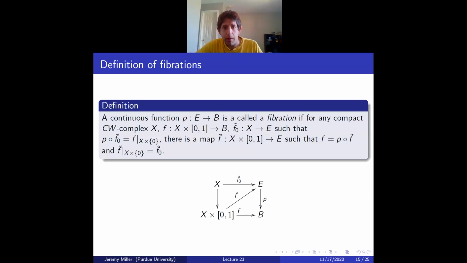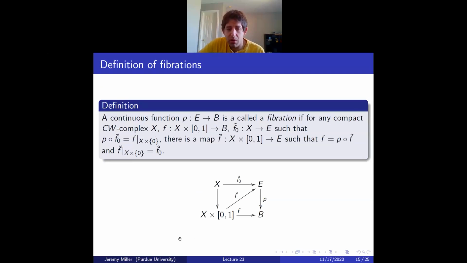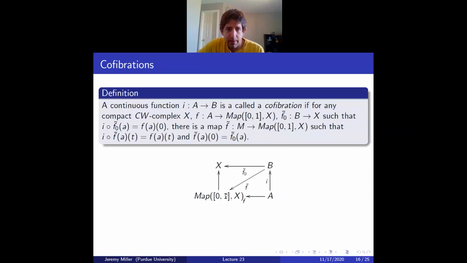Yeah, so a cofibration is you just take this diagram and you dualize it. So the way you dualize: Cartesian product is dual to maps. So what does it say?